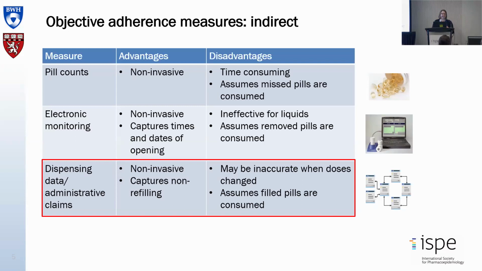And ultimately, we're assuming that if you filled the medication and you got it dispensed to you, that you are taking it. And so that is why we still have a space where we're doing a lot of these subjective measures, because there's granularity that is often lost when we're relying on how often patients are filling.